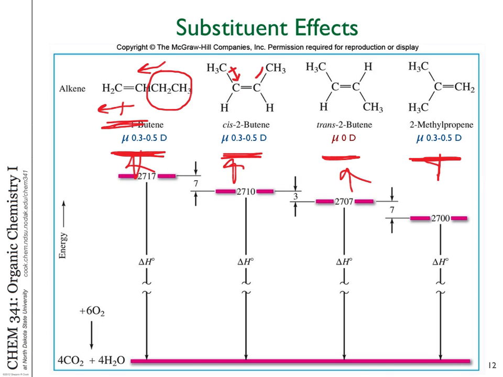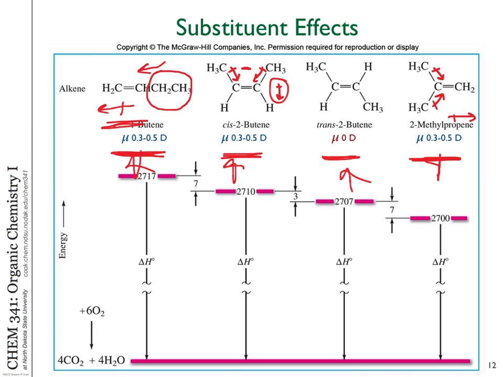And here you have electron density pushing this way. So overall, the molecule will have a slight overall dipole moment in that direction, right? Because if you add up all the dipoles, these 2 would add up and give a slight dipole in that direction. Same thing here all the way on the right. We have an electron donating group here, an electron donating group here. Overall, the molecule is going to have a slight dipole in that direction.